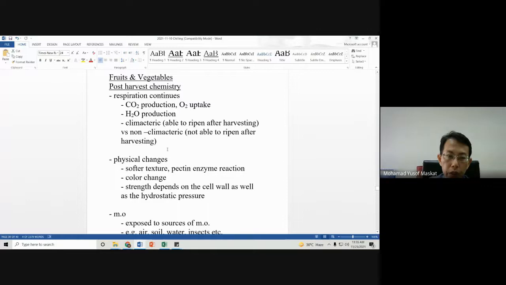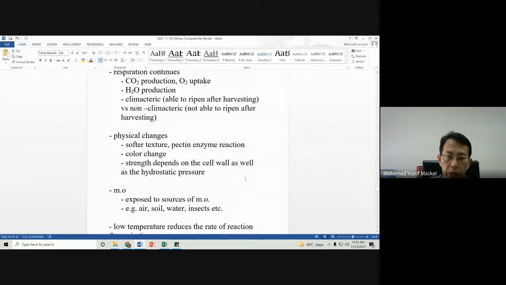Respiration continues, and then there will also be physical changes after it has been harvested. During ripening, there will be a softer texture, where there will be a pectin enzyme reaction. Let's just take a banana, for example.